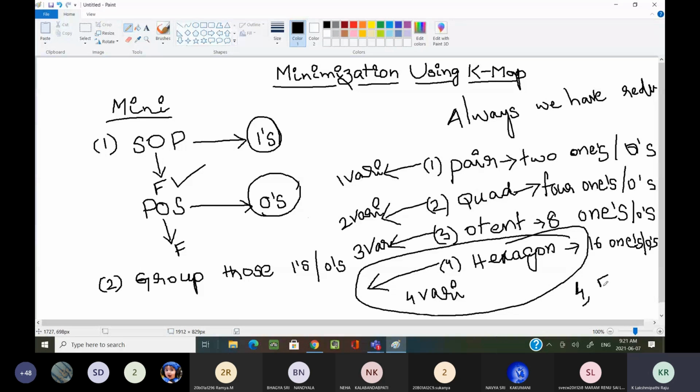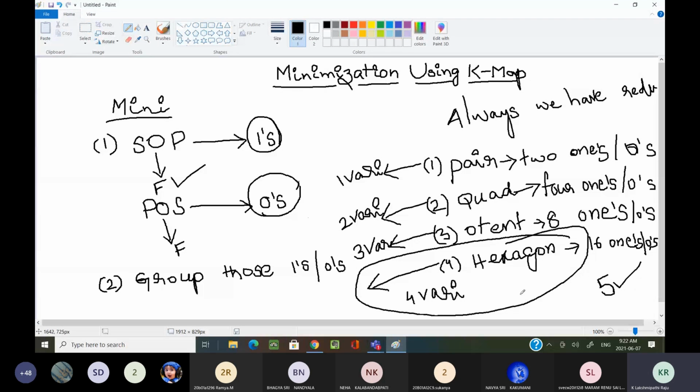If it is a 5 variable K-map, depending upon the min terms or the max terms, sometimes you may form a hexagon.